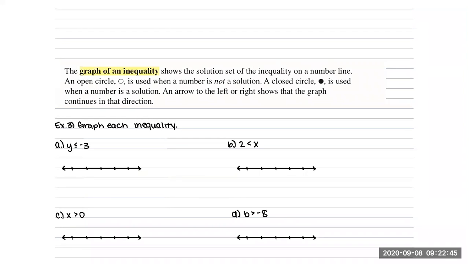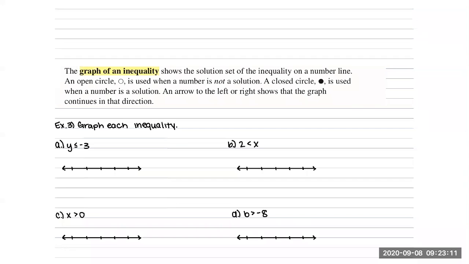If that's the case, my inequality sign will tell me which way to draw my line. So if we have something that's greater than or less than, so something that's not equal to that number, we're going to have an open circle on the number in the inequality, and then our line would run the same way that that inequality sign points to, as long as our variable comes first.